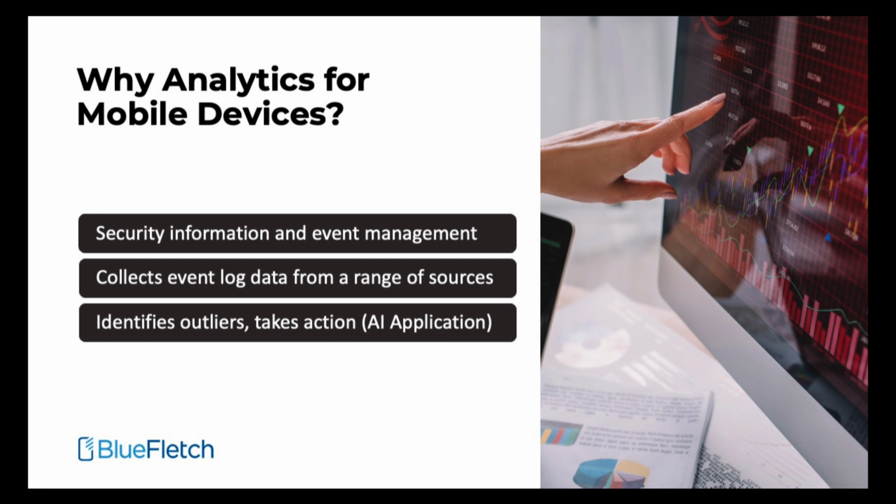And what's cool about this field, I think, is it's one of those few areas where AI technology is really applicable. Being able to analyze a high volume of events and information and pick out those outliers is a great application of AI to help identify where those risks might be.